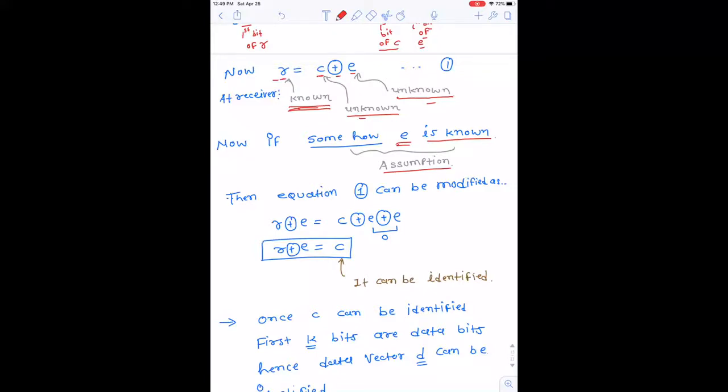If E is known, then the work becomes very simple, because then you XOR both sides with E. R is XORed with E on this side, and C is XORed with E on that side.